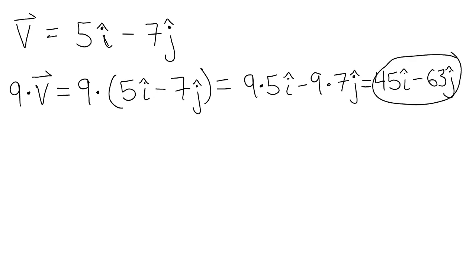And that's the answer. So if you're going to multiply a vector by a scalar, you can just distribute the scalar to each component.